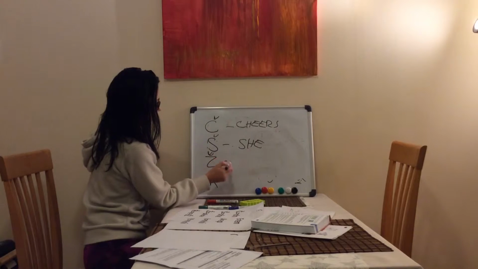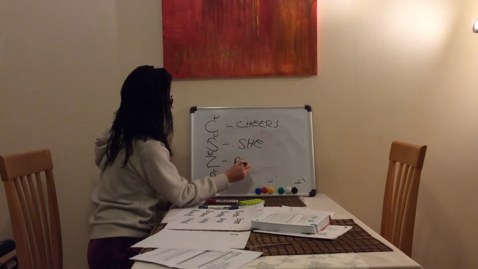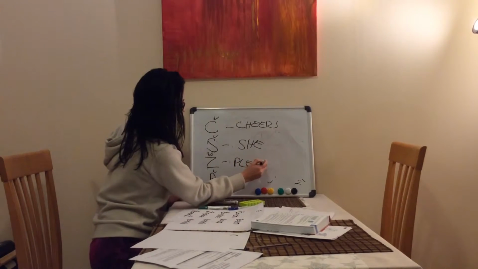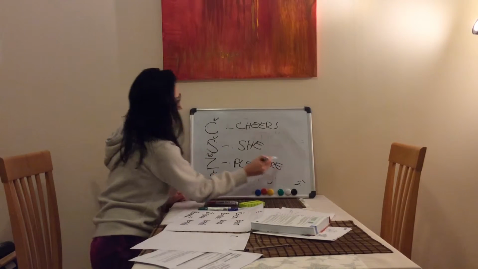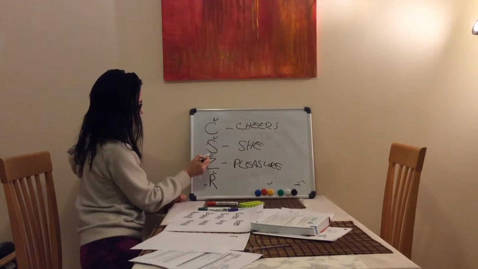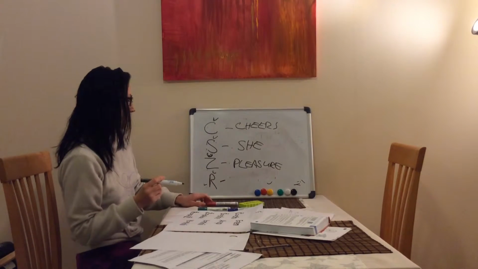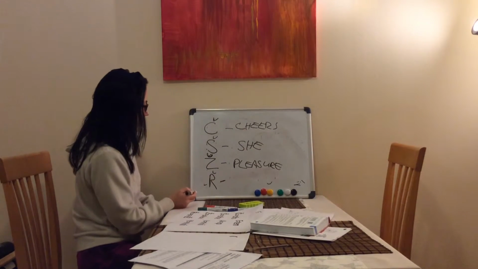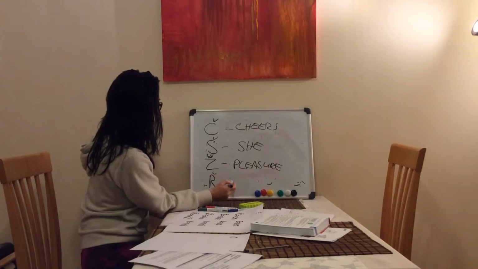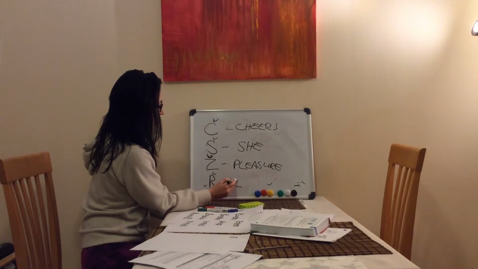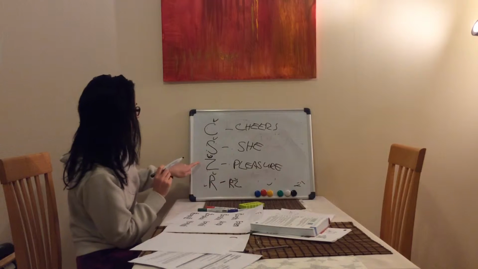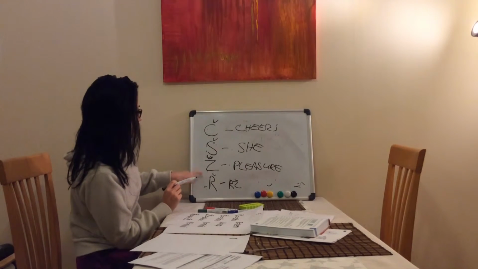Je, it's similar to if you say pleasure. So pleasure, je, this is your je. And je, unfortunately there is no je in English, but you can try to say something like these two together, rj, rj, rj.